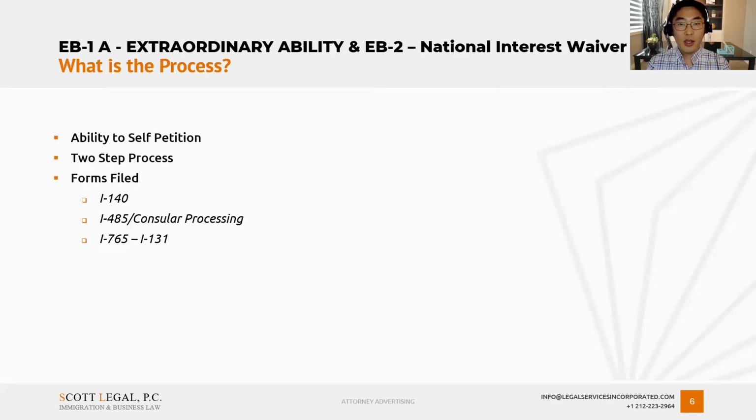It's just a visa. So the visa allows you to enter the United States with green card status. And then once you enter the United States with the immigrant visa, USCIS will mail you the actual green card to your home. That's what consular processing means. So, next slide.